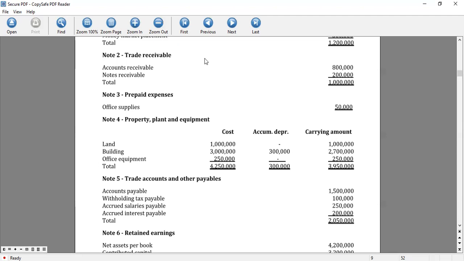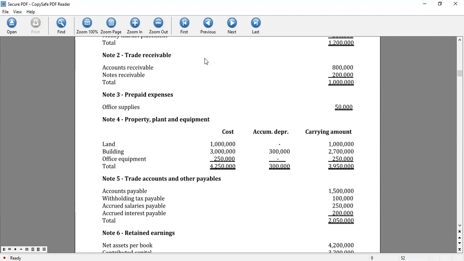Other liabilities consisted of withholding tax payable in the amount of 100,000. Now, the stated current liabilities represented balances that were payable to trade creditors.